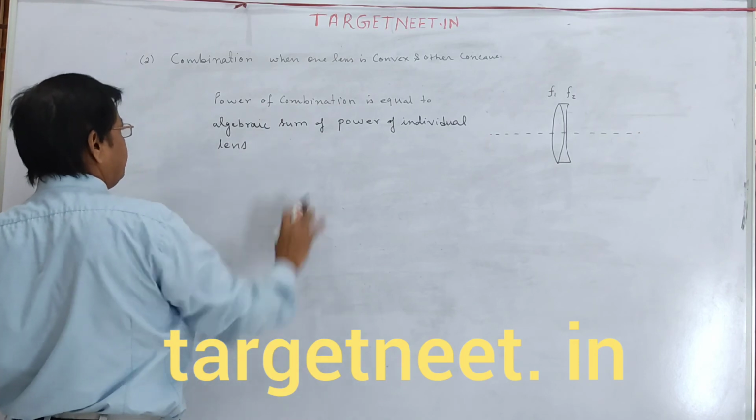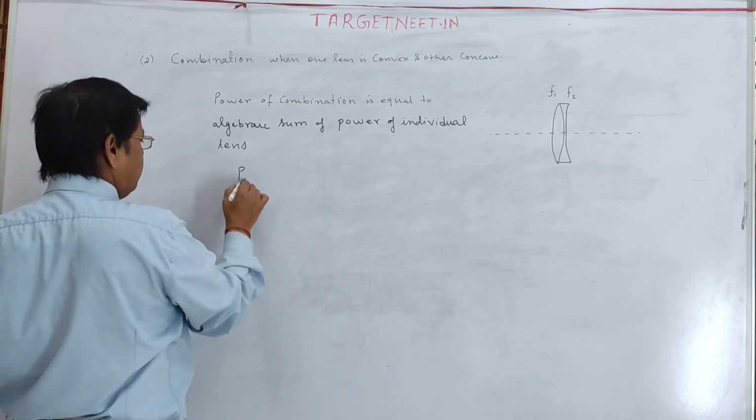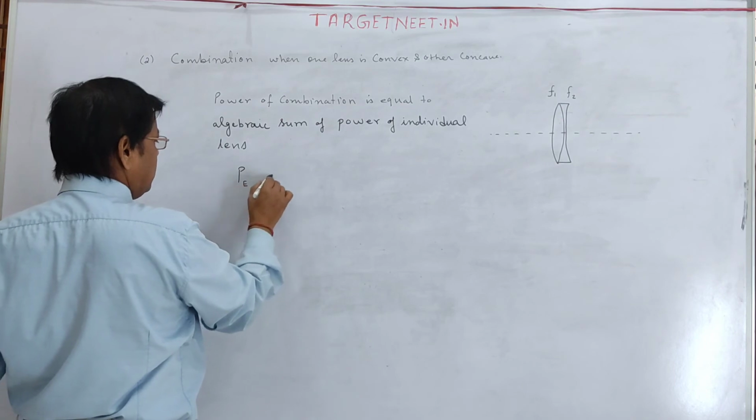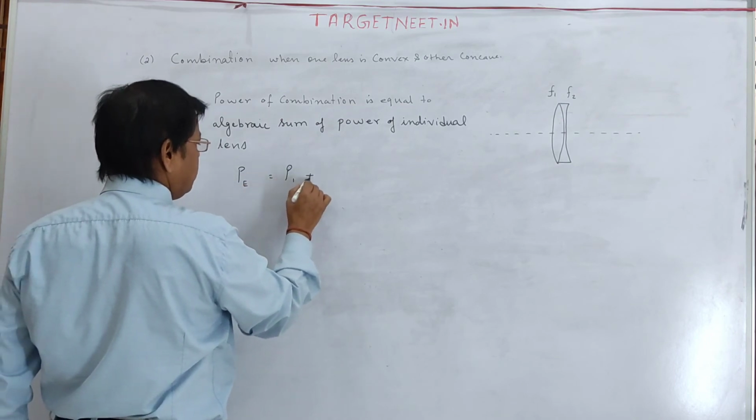It means we can write power equivalent is equal to power of first lens plus power of second lens.